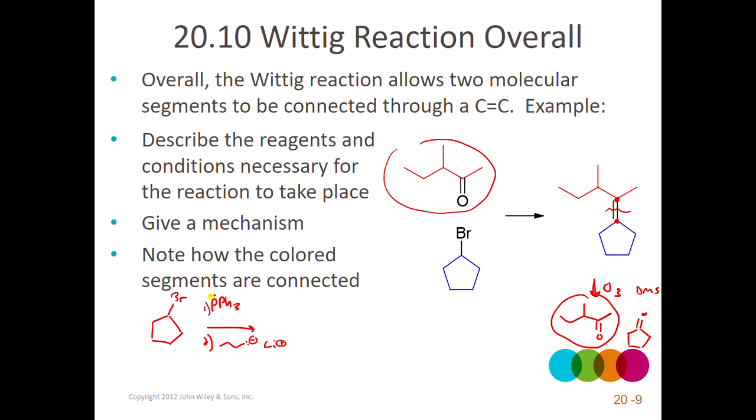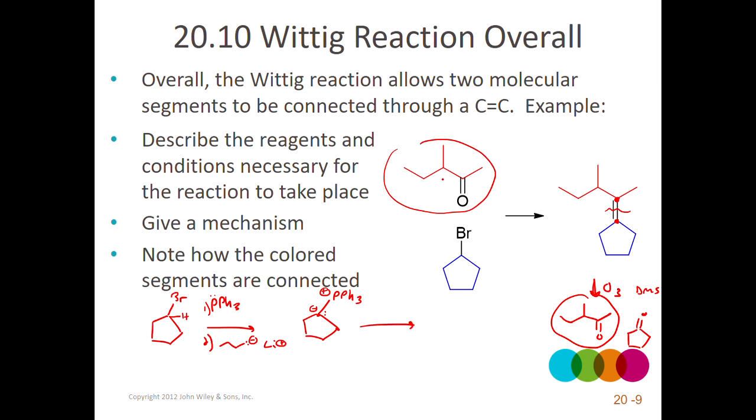The triphenylphosphine would come in, push out the bromine. The butyl lithium would pick off this proton, and so that would give you the ylide, which would have this carbon be nucleophilic, right? So that's how it's going to make the connection.